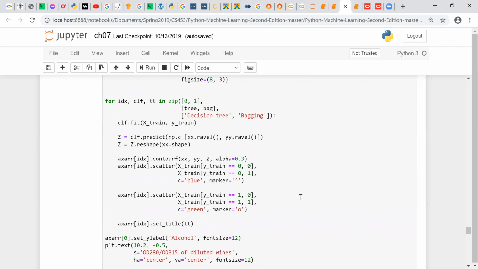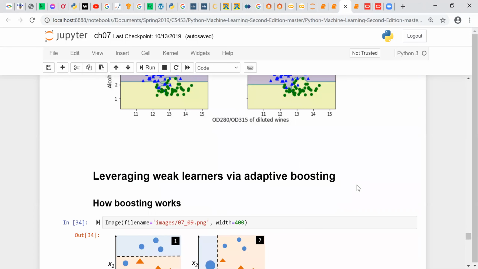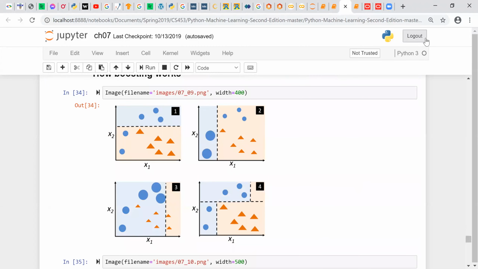Okay, and then what is the next one? This just draws the contour with two different types of learning methods. And then the boosting, so let's see. Regarding boosting, the general idea is shown here.